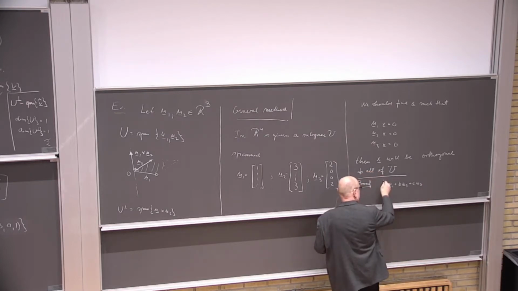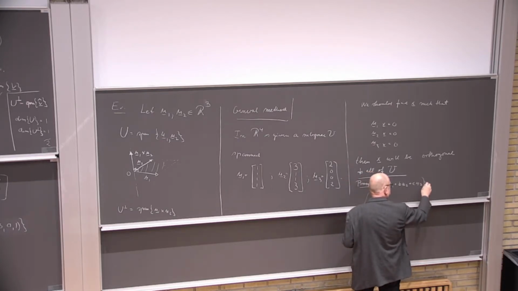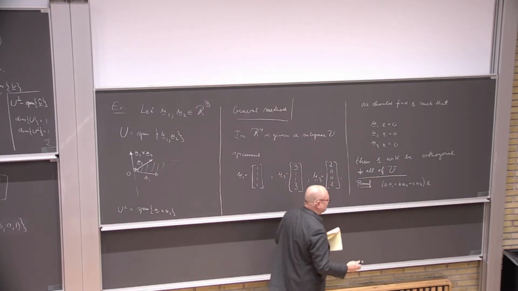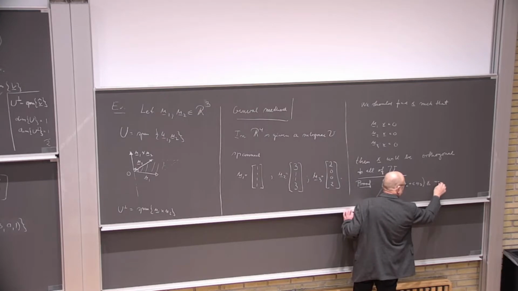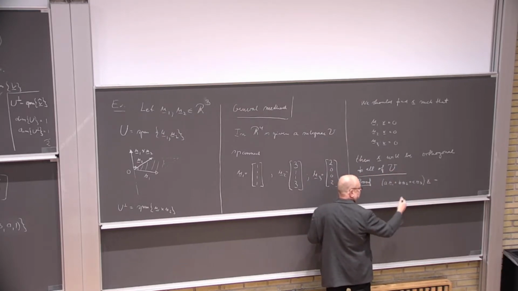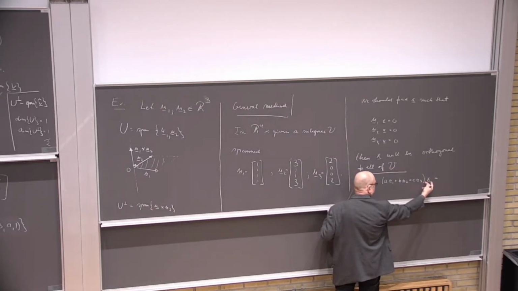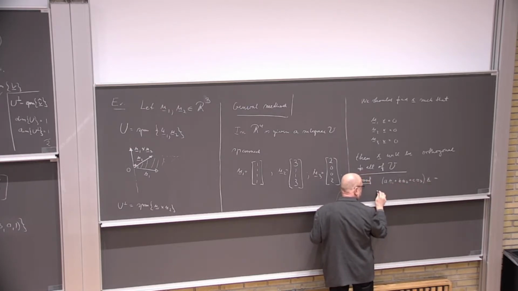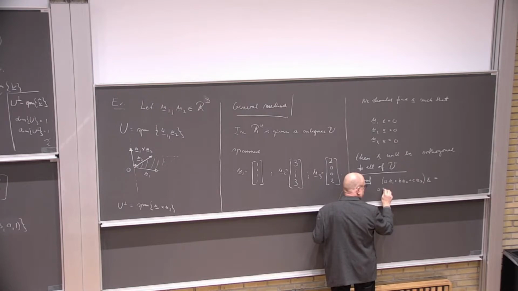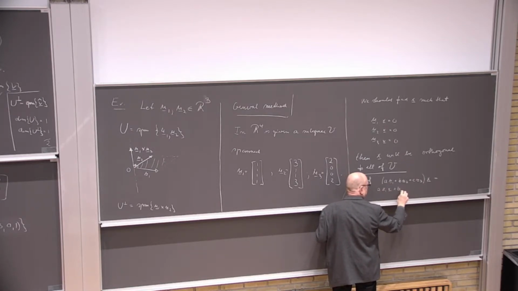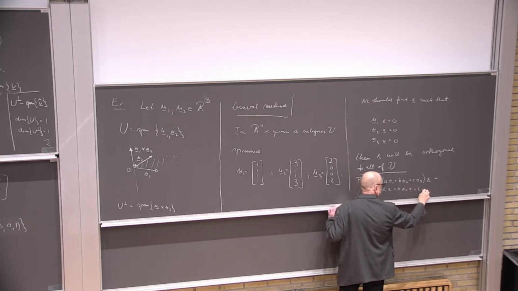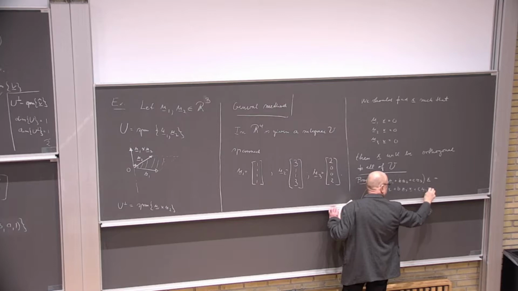If you multiply this by your vector x, you can use the distributive rule, so you multiply on each term. You get A times U1 times x plus B times U2 times x, plus C times U3 times x.